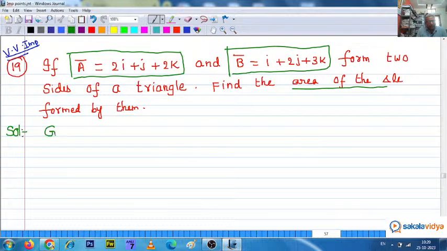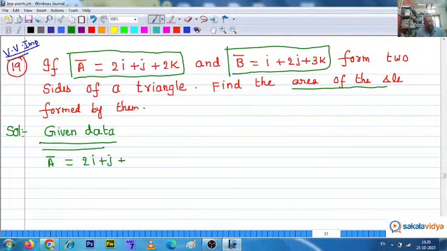Given data. So, now what is given actually here? A bar is equal to 2i plus j plus 2k and B bar is equal to i plus 2j plus 3k.